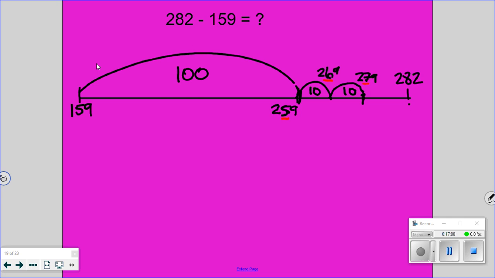It would be past 282, which means now I'm on 1 hops. 279 plus 1, 280. 280 plus 1, 281. 281 plus 1, 282. How many numbers are in between?